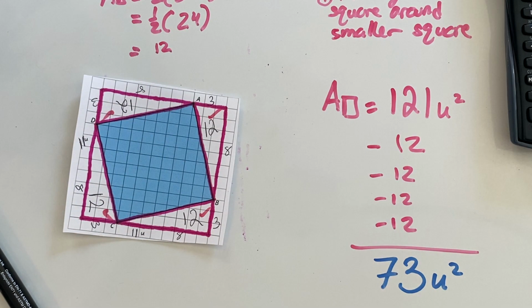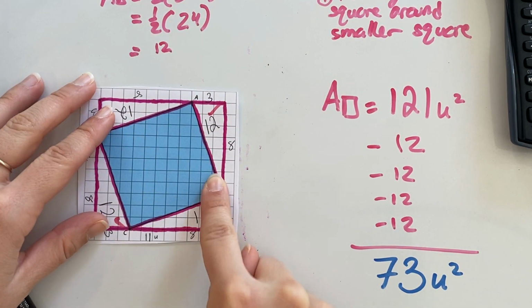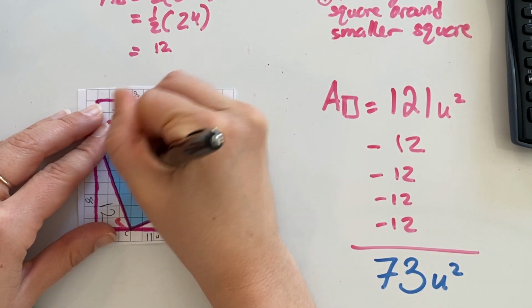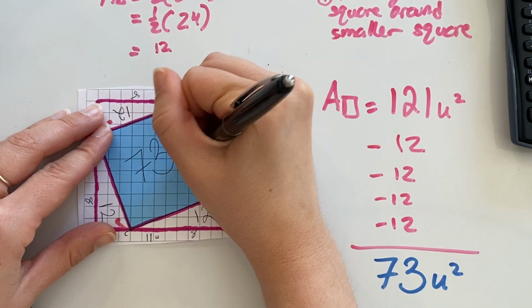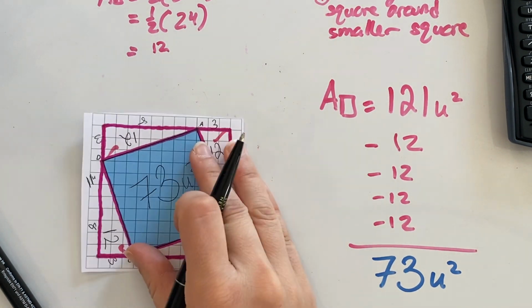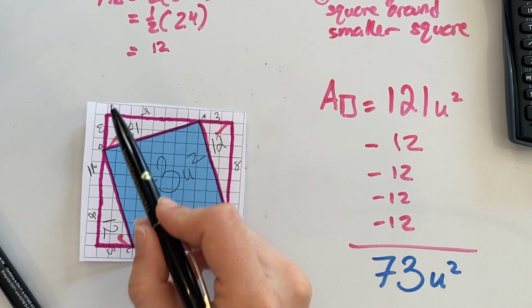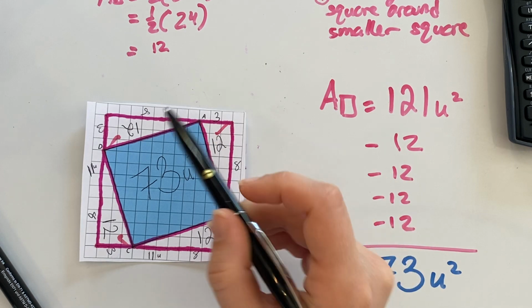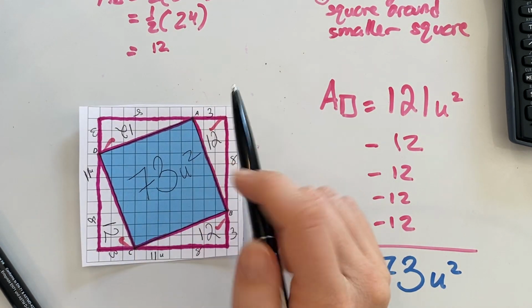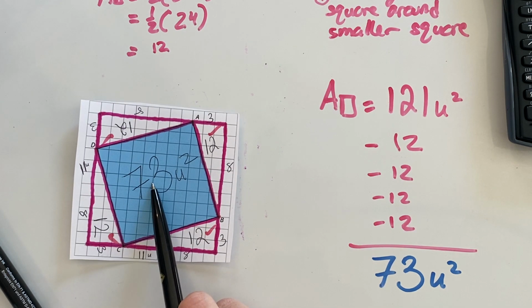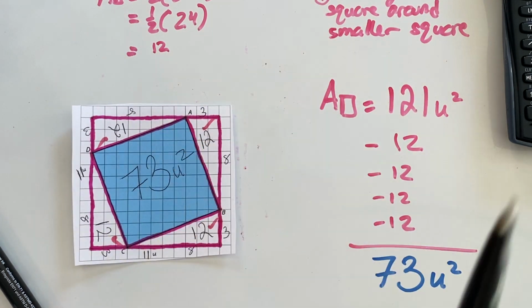Now, why did I draw that in blue? I drew that in blue because the blue shaded region must be 73 units squared. So I'm gonna write that, 73 units squared. So how did we get that again? First we had to create the bigger square. You had to create a surrounding square that encloses the slanted square.